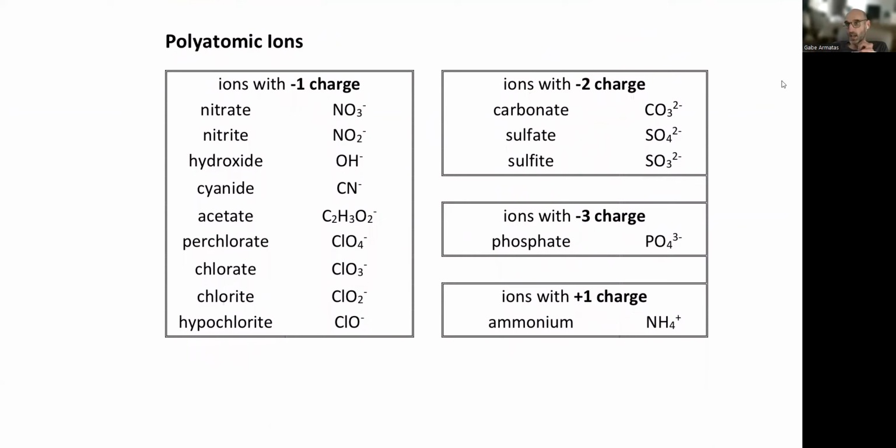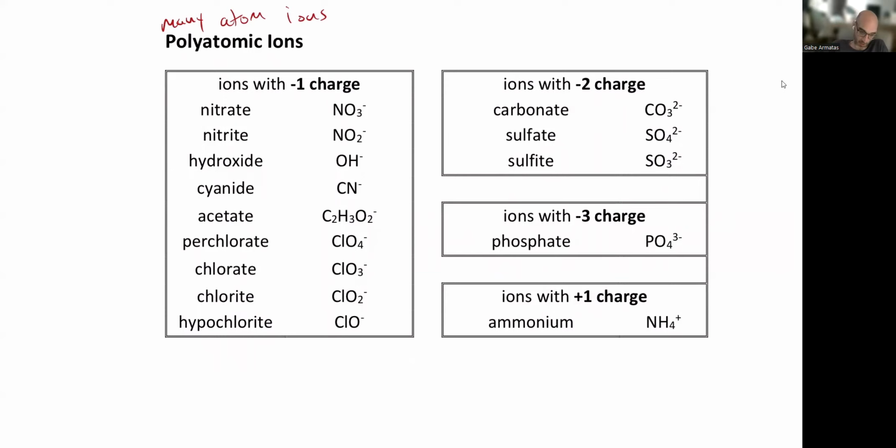A polyatomic ion is just simply a group, poly, meaning many, atomic, atom, ions. So the many-atom ions that we've got here are just a combination of a bunch of different things. These are covalently bonded, or they're held together, but they're always going to have the same charge.